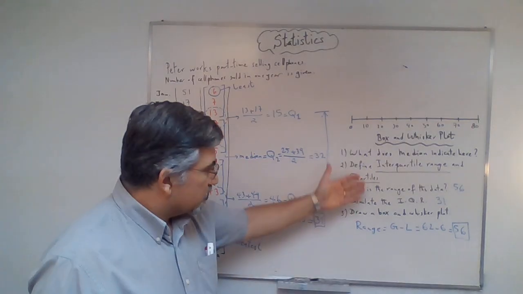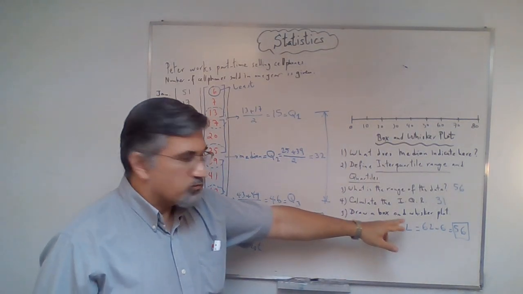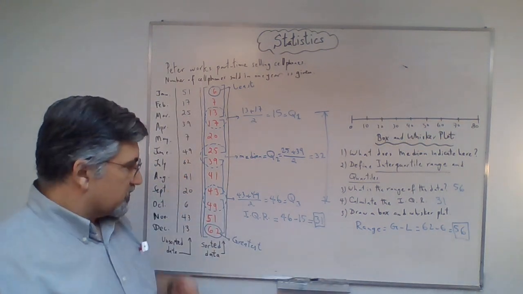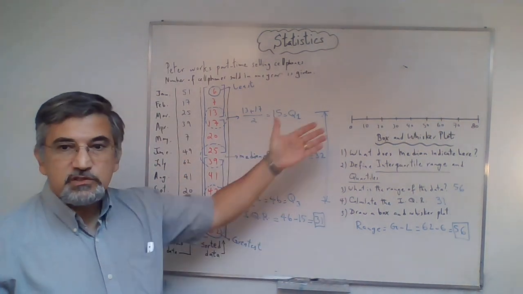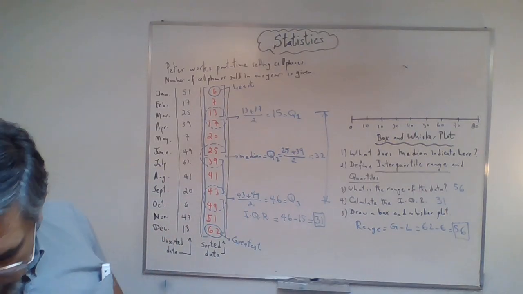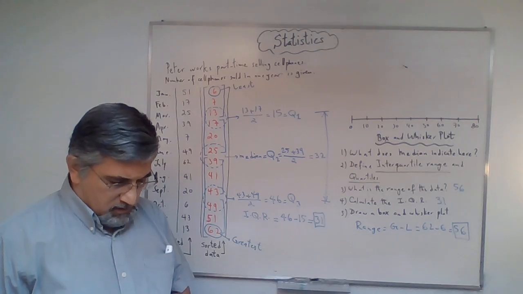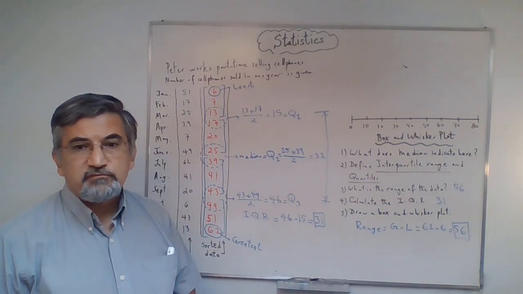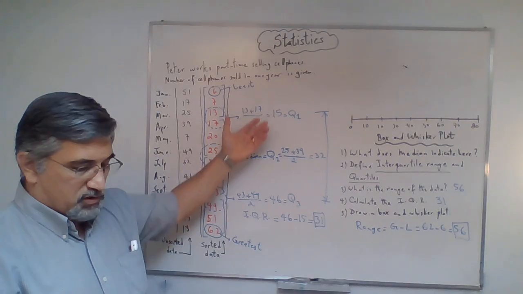Okay, so we answered all the questions, I believe, except drawing a box and whisker plot, which is not that difficult. So basically, we have to show all these numbers in some sort of graph. But what is a box and whisker plot? It's a graph, end of the day. It's a graph representing the first quartile we talked about.